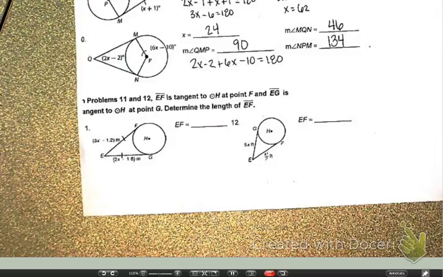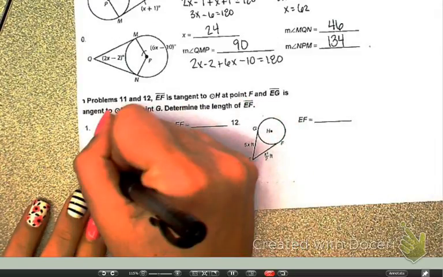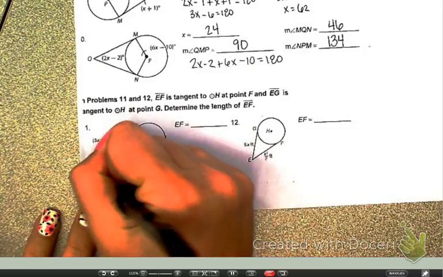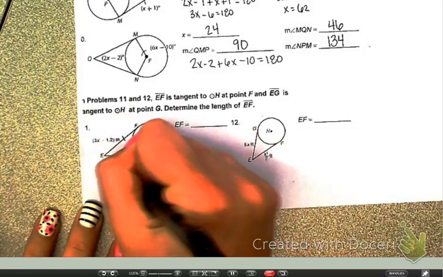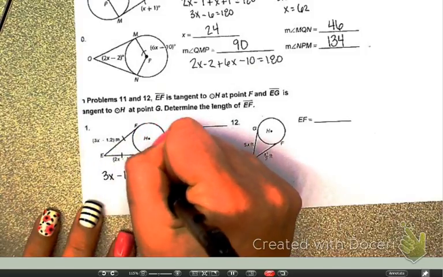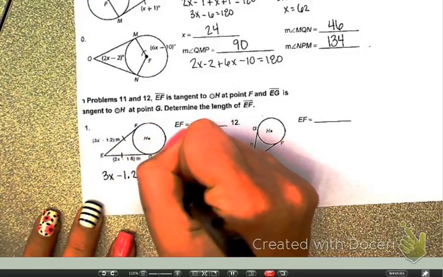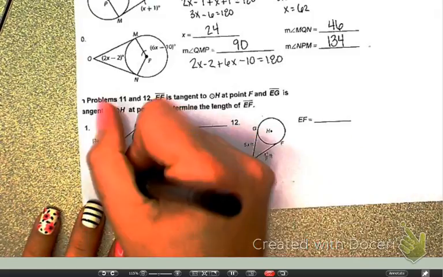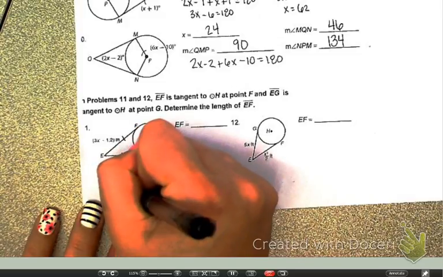So how would I set up an equation? 3x minus 1.2 equals 2x plus 1.8.